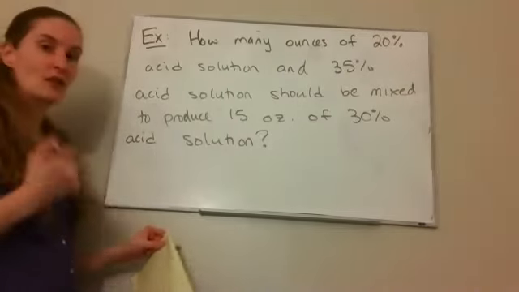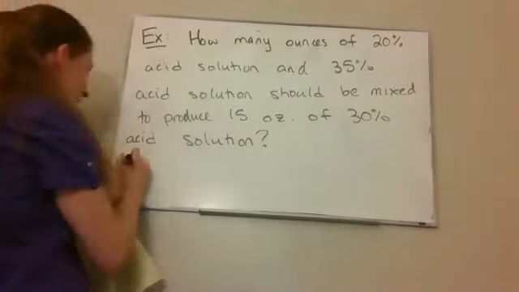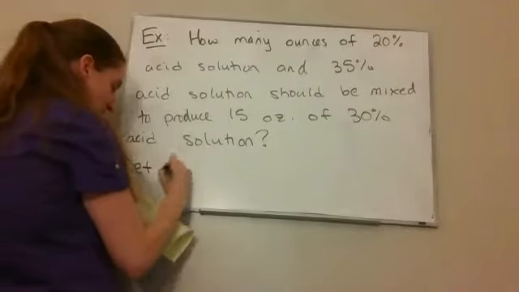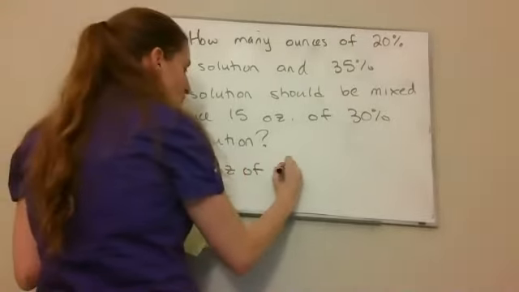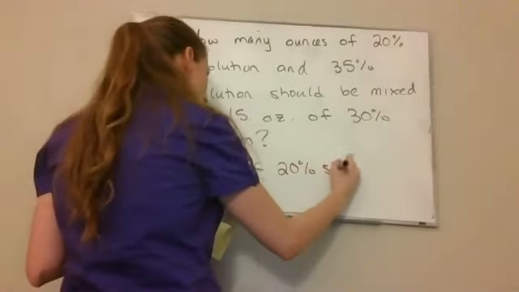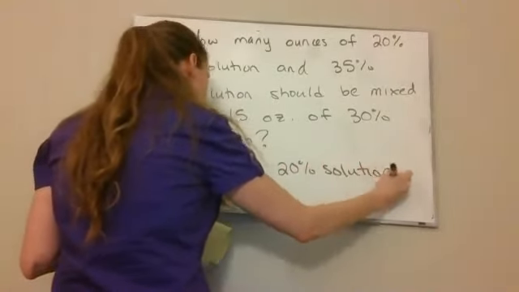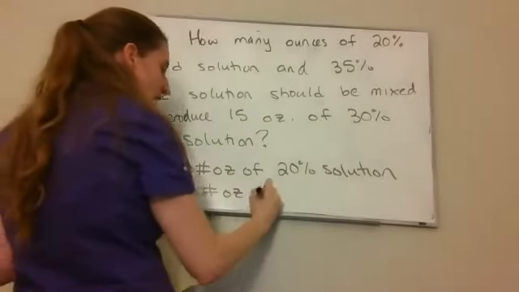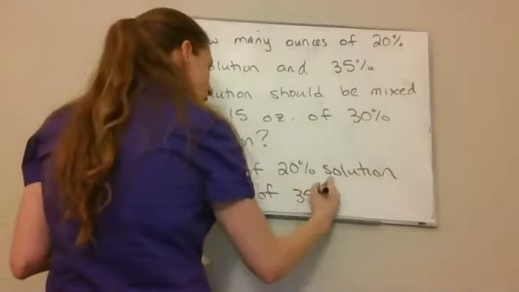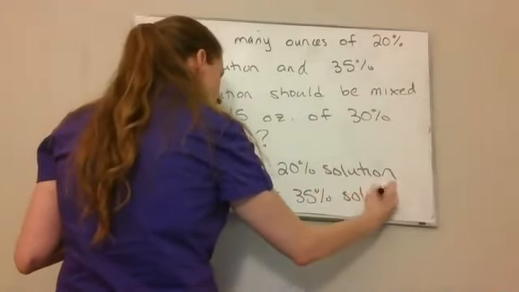First thing you need to do is define your variables. I'm going to let x equal the number of ounces of the 20% solution. And I'm going to let y equal the number of ounces of the 35% solution.